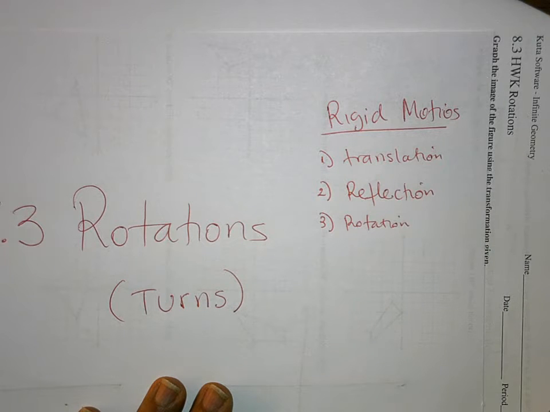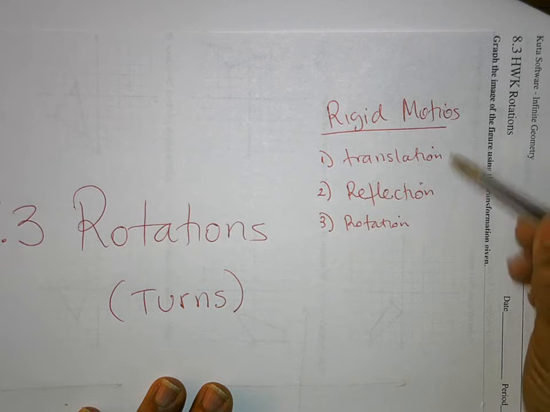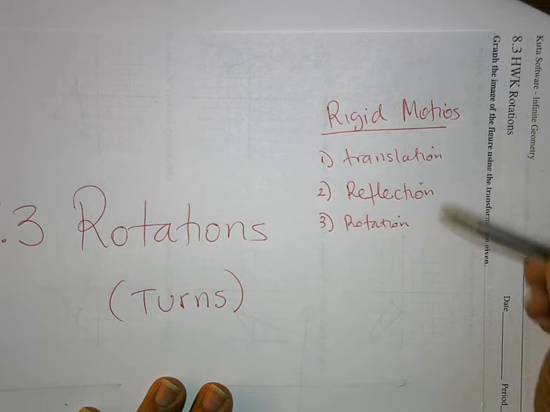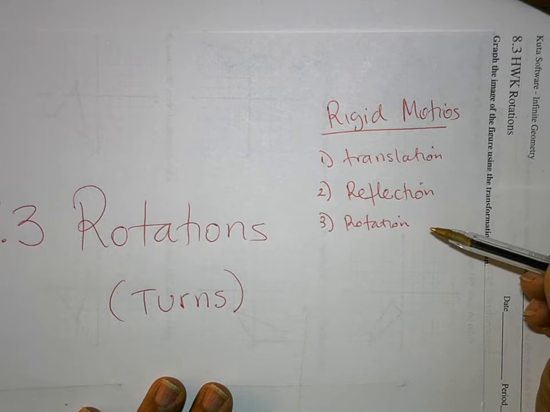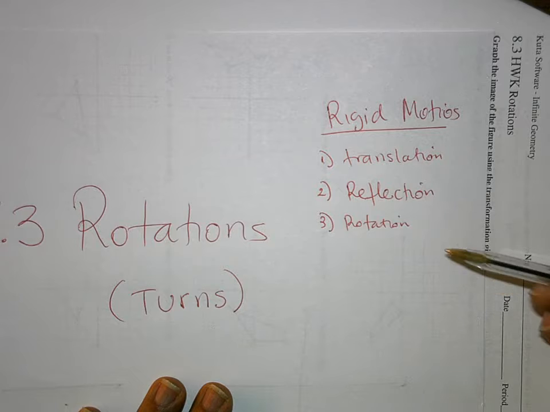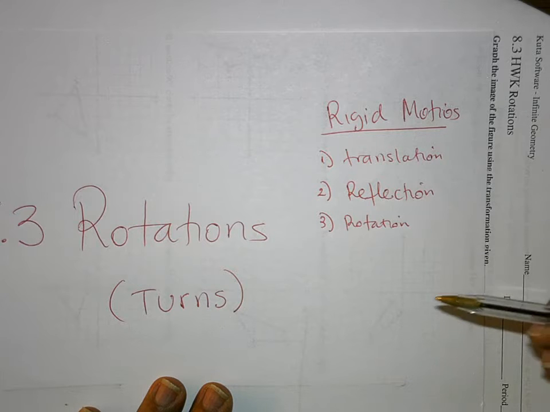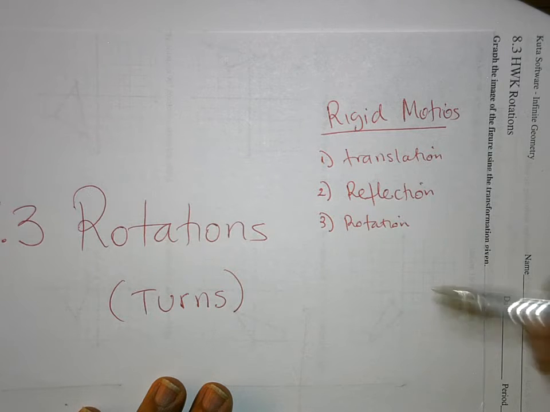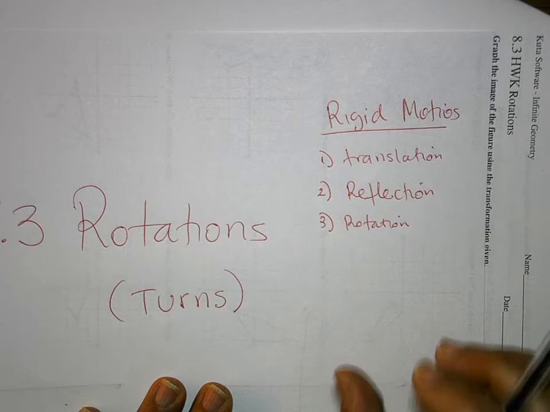All of these are rigid motions. It maintains the same distance. It maintains the same shape. It does not change the figure. So the image and the pre-image of whatever you are transforming maintain the shape, and the parts are congruent. So things don't change here.